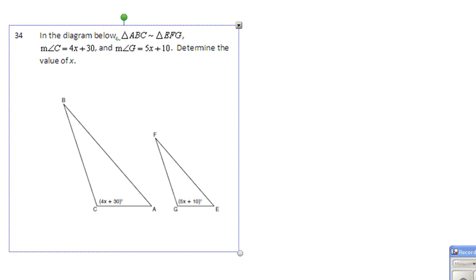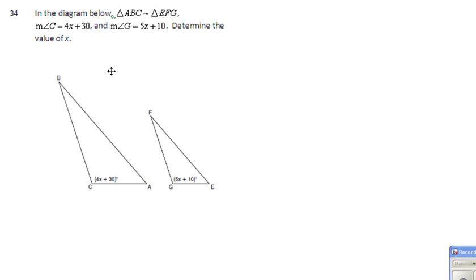Now next. In similar triangles, we realize the angles are congruent, while sides are in proportion. So here we have angles, therefore they have to be equal to each other. So 4x plus 30 must be equal to 5x plus 10.